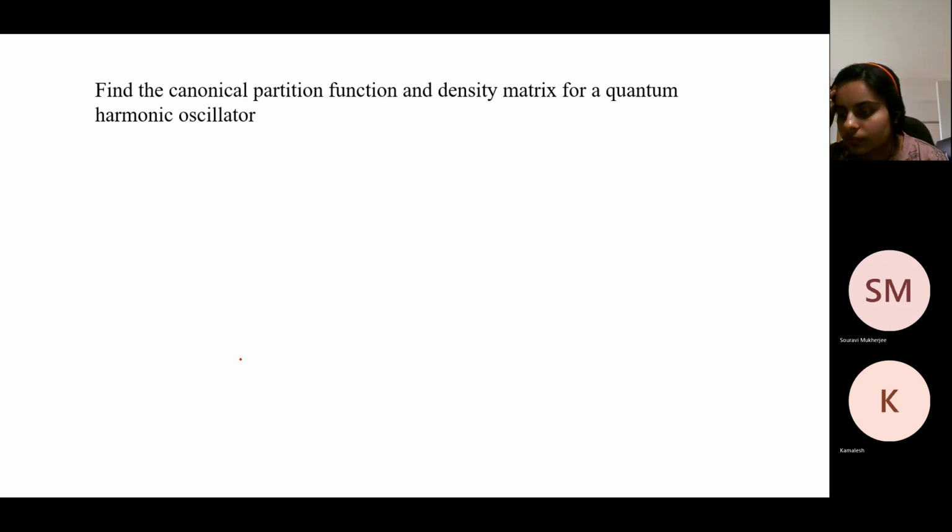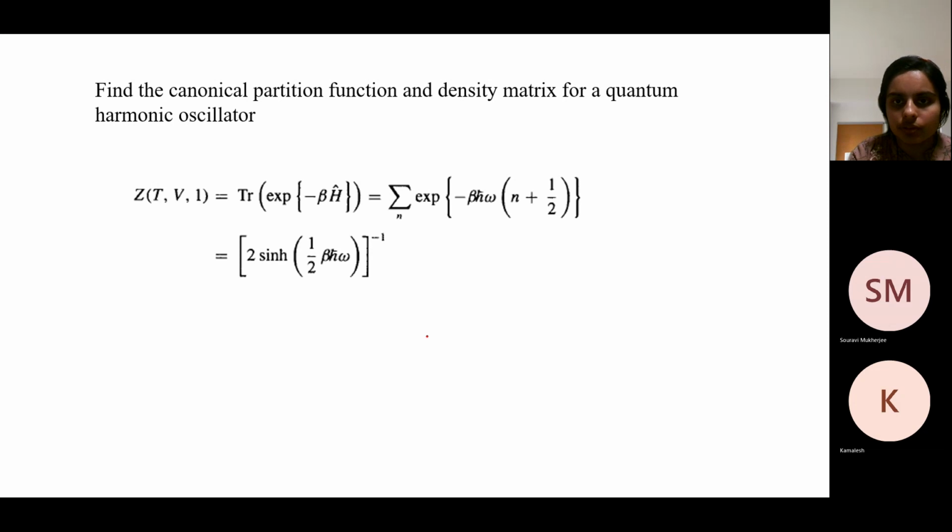Ma'am, is it e power minus of beta h cross omega divided by 1 minus e power minus beta h cross omega? Okay, that's okay. So it's just rearranging the things. Then you have to divide the numerator by the denominator, and then you'll get this sine hyperbolic function.